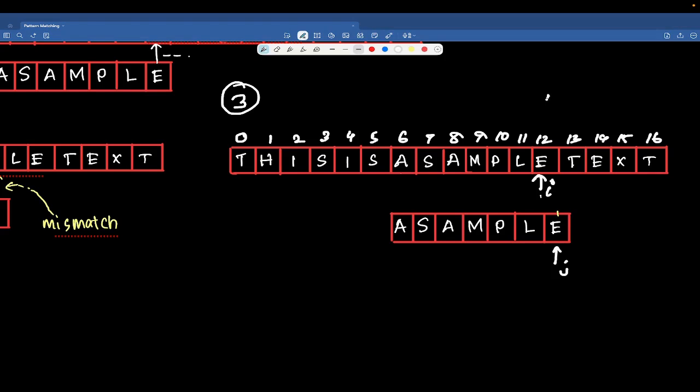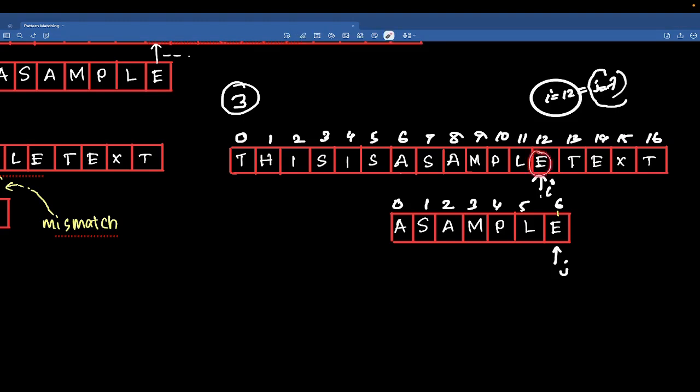We compare the value of I, which is equal to 12, with j, which is equal to 6. If they match, E is matching with E, then we will decrement I to the next character L, and j will also be decremented to point to the previous character.